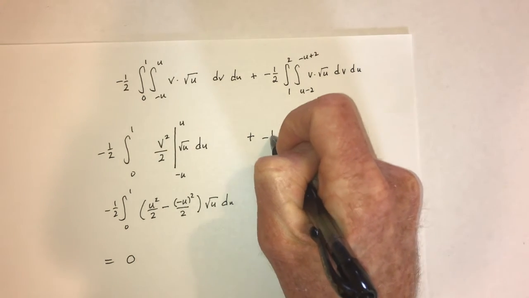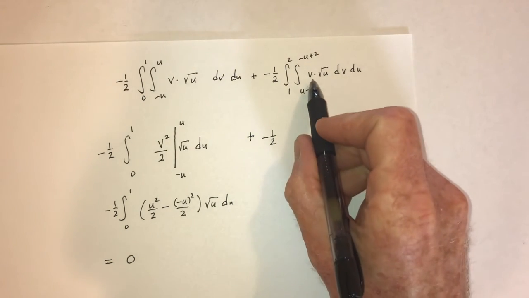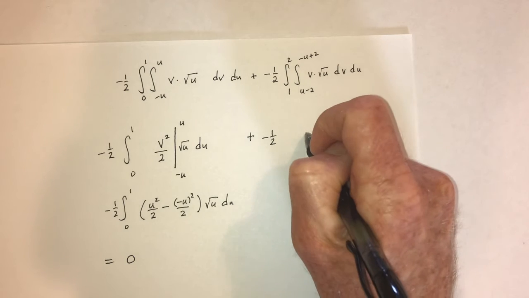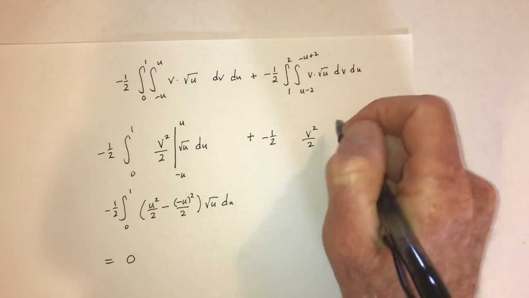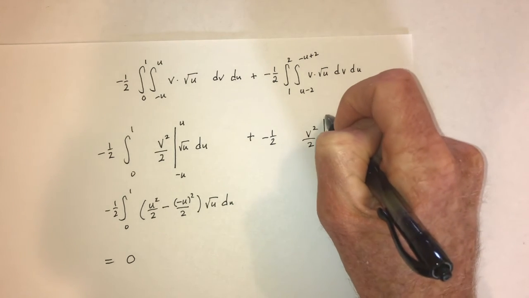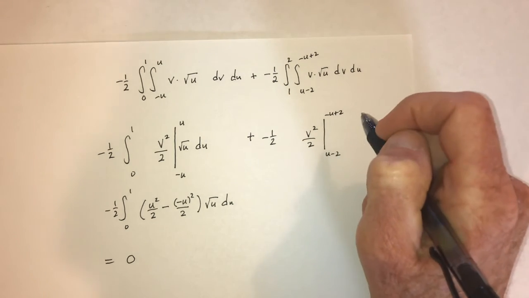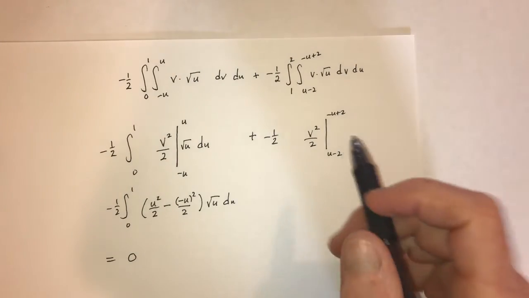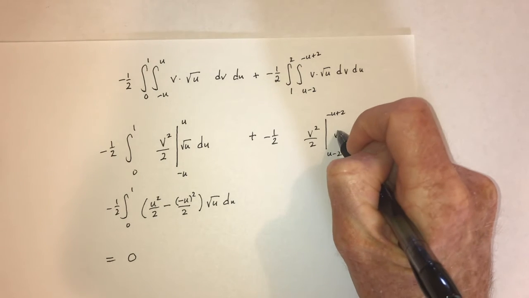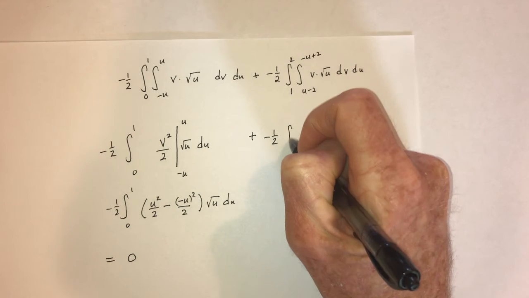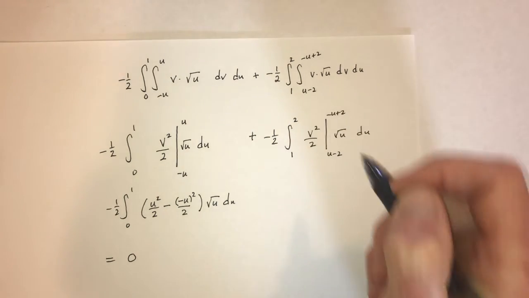So it's going to be negative 1/2, and then again, this part right here is going to be v squared over 2. And then that gets evaluated from u minus 2 to negative u plus 2. And I still need to write down that square root of u in du, and also the integral from 1 to 2.